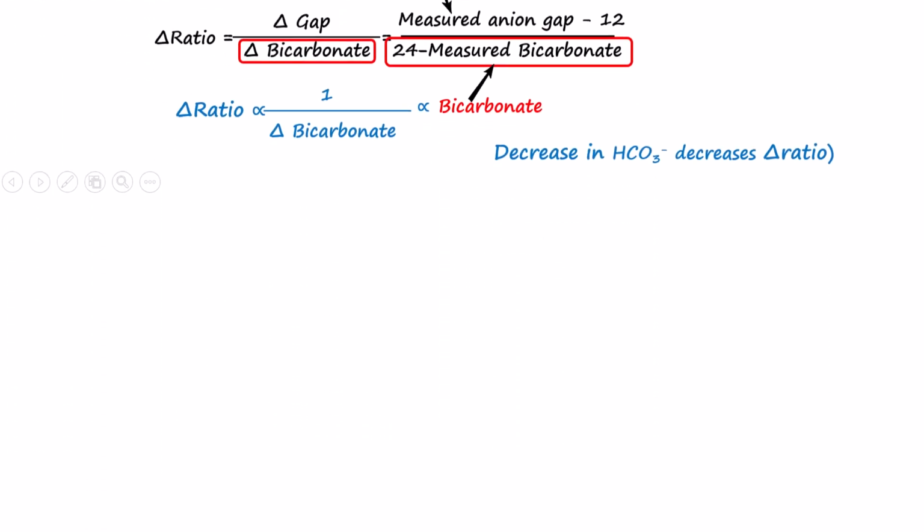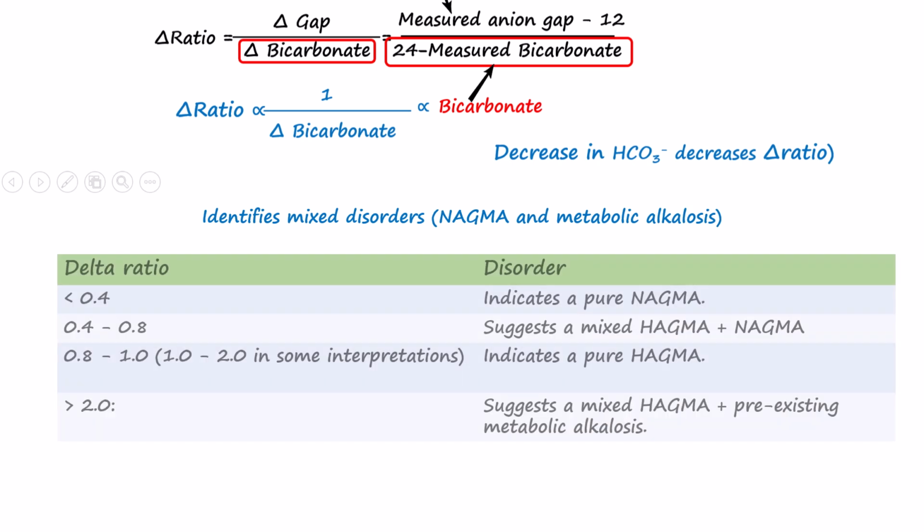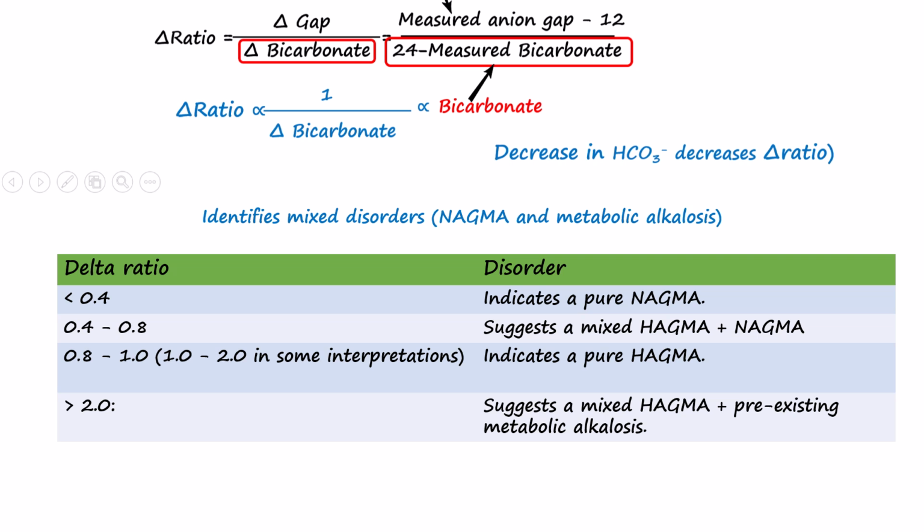This relationship between bicarbonate and anion gap as expressed by delta ratio is used to identify normal anion gap metabolic acidosis and metabolic alkalosis that coexist with high anion gap metabolic acidosis. The table below shows the delta ratios for different disorders, and we'll look into them one by one next.